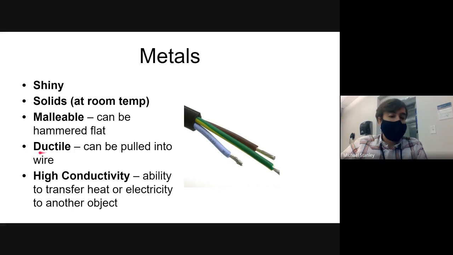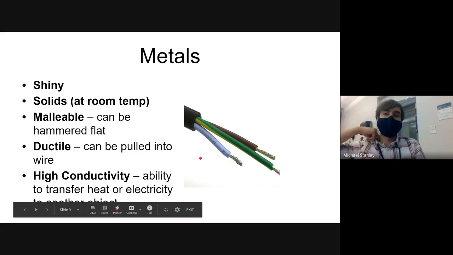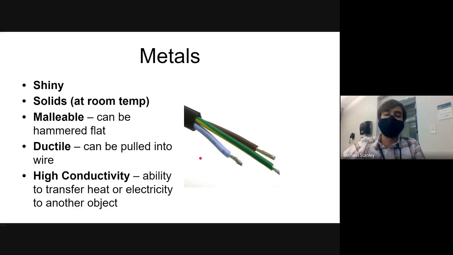Metals are also ductile, which means that we can stretch and twist them out and pull them into a wire. So like if you've ever done any sort of electrical work on your house, or like, for example, a couple weekends ago, my dad was over at my house helping me put in some new ceiling fans that we bought. And we had to do some twisting and connecting of different metal wires.